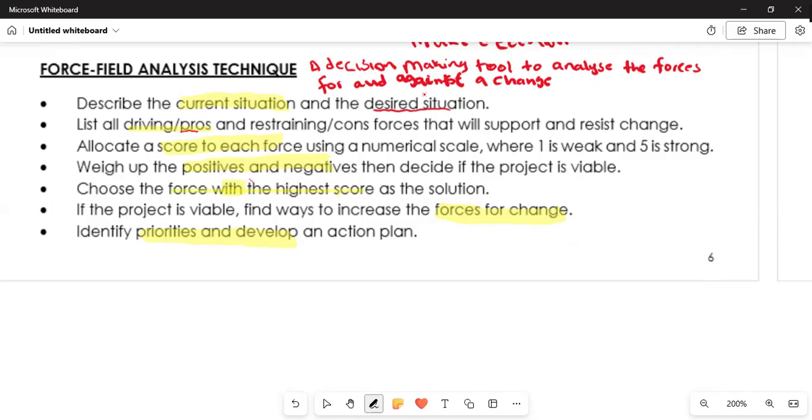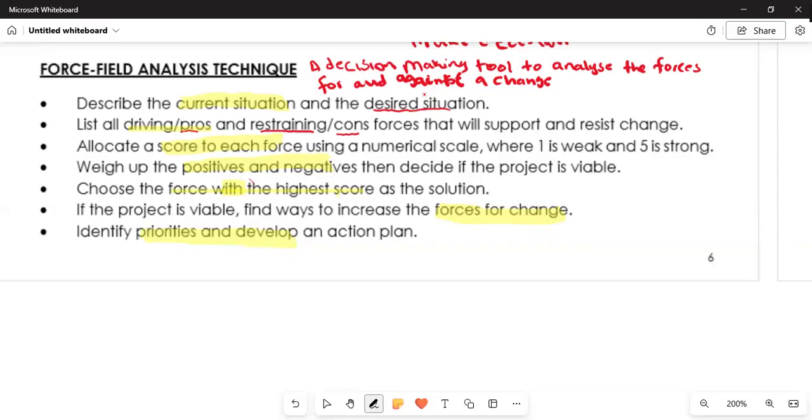But coming to restraining, where we talk about the cons of this change, we can talk about high initial investment costs. Coming to the automation, whereby we're going to make use of machines other than manual labor, it is going to come with high costs.